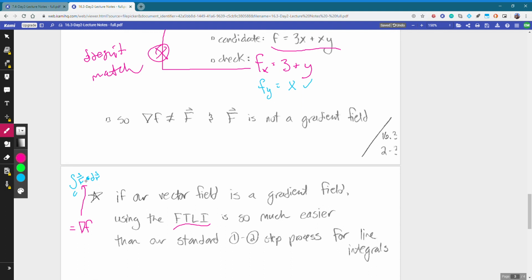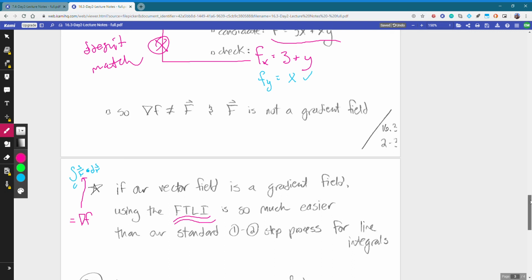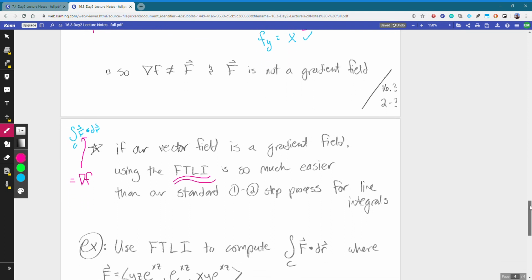If we have a gradient field, then life is good, and that computation goes very cleanly using the fundamental theorem. And so with that idea in mind, let's take a look at our last example for the day.